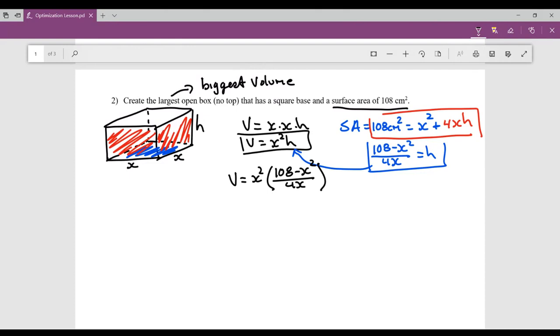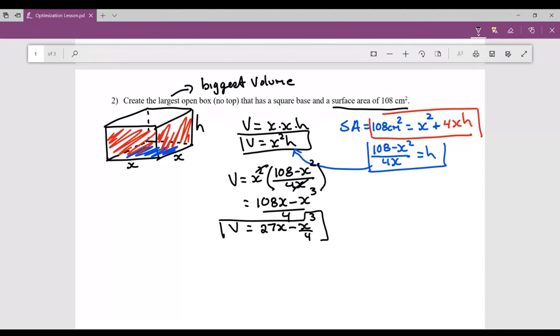Alright, now let's simplify this because it's so fuzzy. This x squared on the outside will cancel that x there. Then I can multiply the x in. I'm going to get 108x minus x cubed all over 4, which divides out the 4 and you're going to get 27x minus x cubed over 4.